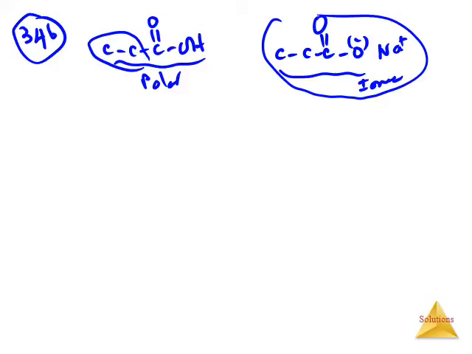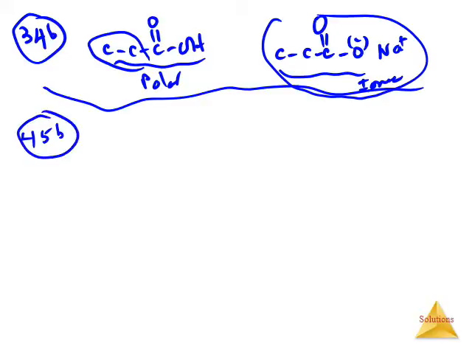Now we're going to do 45b. In 45b, the question is to calculate the molality of the following solution. So it's asking for small m. Now small m stands for moles of solute per kilogram of solvent.